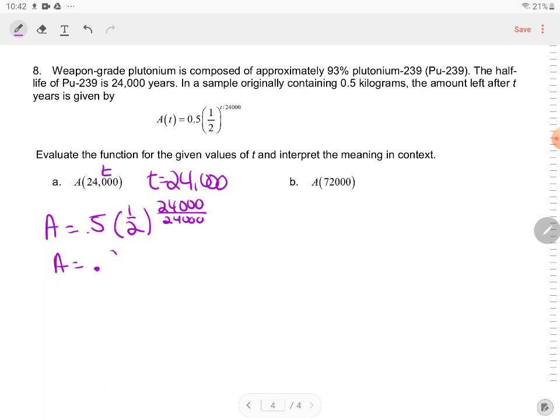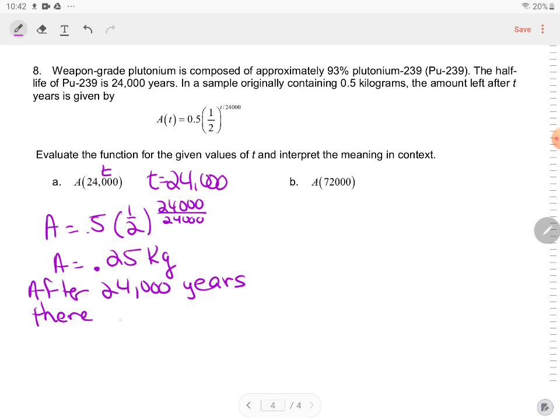So you'd have 0.25 kilograms. Okay, so it's this. After 24,000 years, there would be 0.25 kilograms of plutonium. Okay, 72,000. Here's T is 72,000.